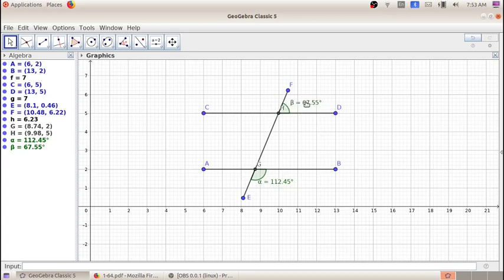So here you can see these are co-exterior because this is outside this space, right? So this is known as co-exterior, exterior angles outside these two parallel lines. Here also you notice if you add these two co-exterior angles, you will get 180 degrees.